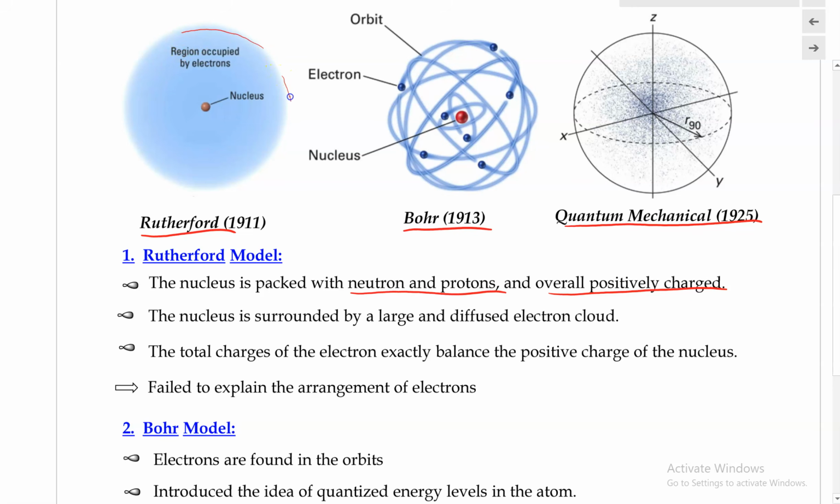So this is a region of diffuse electron cloud, and within this diffuse region is where we will find the electrons. The total charge of the electrons is exactly equal to the positive charge that makes up the nucleus, so overall the atom is electrically neutral. Those are the statements that come from the Rutherford model.